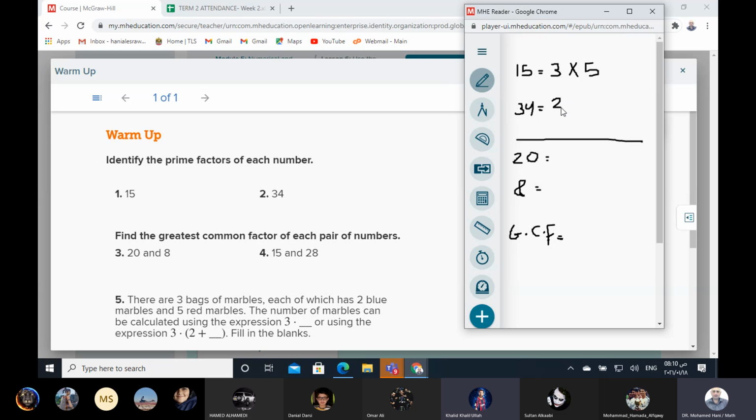We can write it as 2 times 17. 2 is prime and 17 is prime.